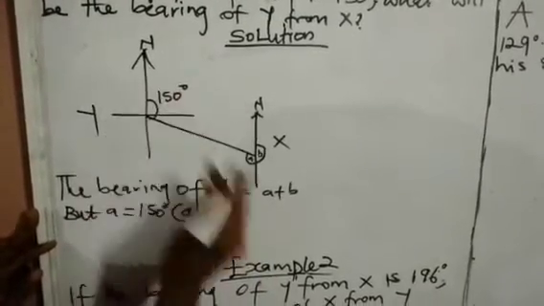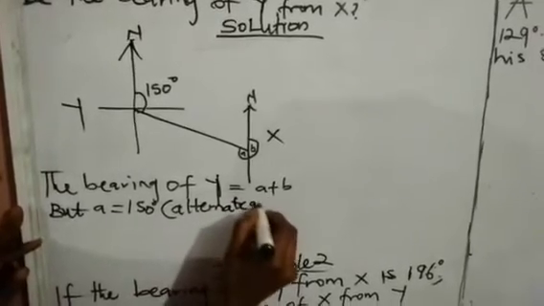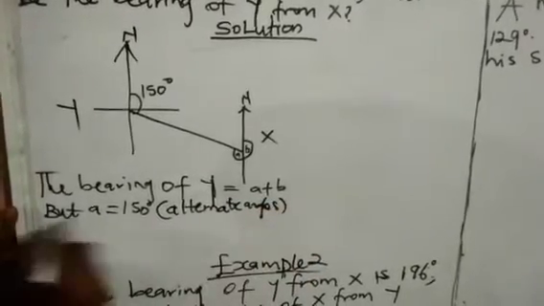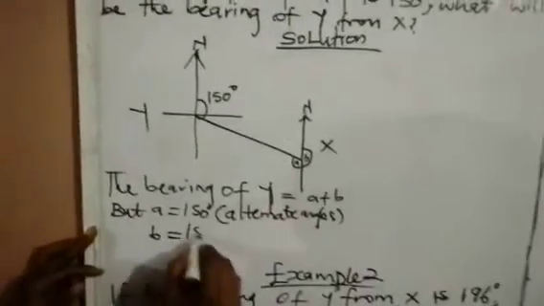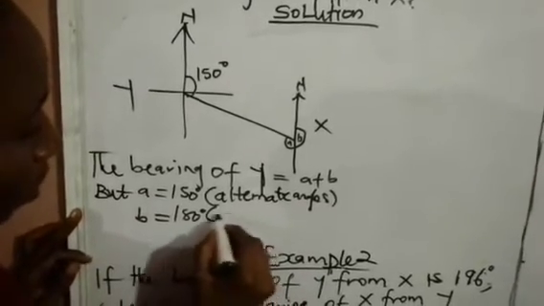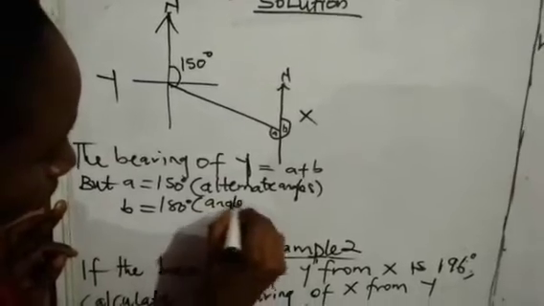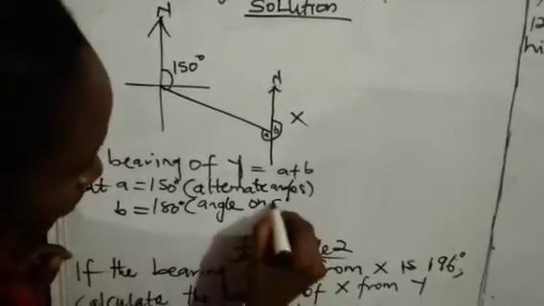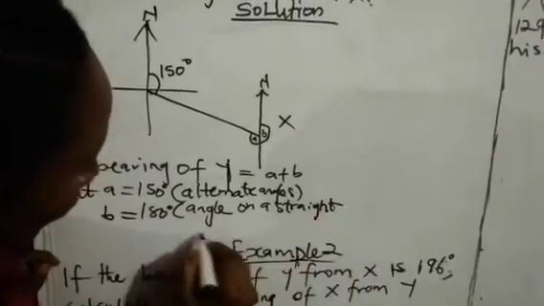A is alternate to 150 and 150 is alternate to A. Then B is equal to 180 degrees. Why? They are angles on a straight line, which is 180 degrees.